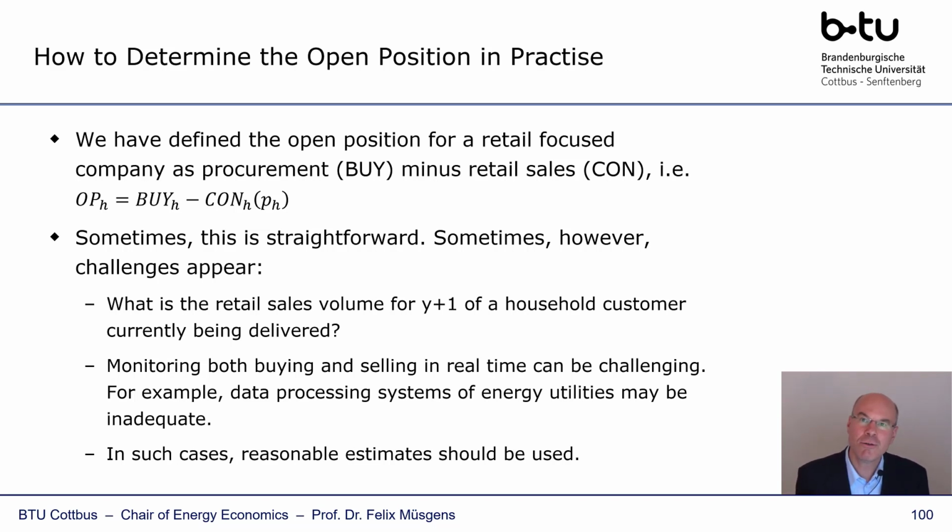So what we do is we define a procurement period, 2 years, 3 years, and on each day we virtually book a little bit of this estimated total household selling volumes into our open position.